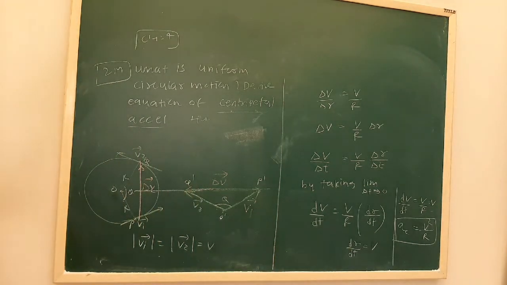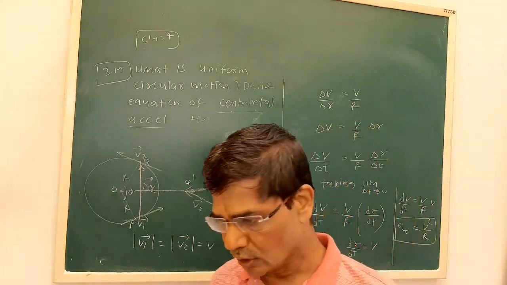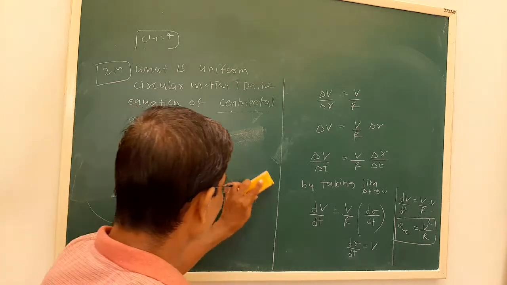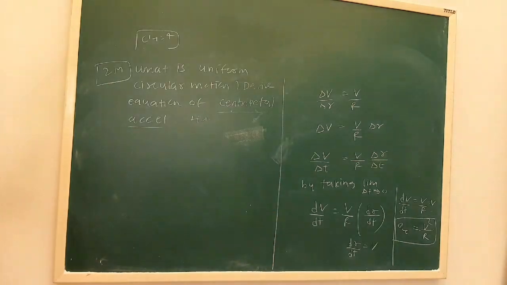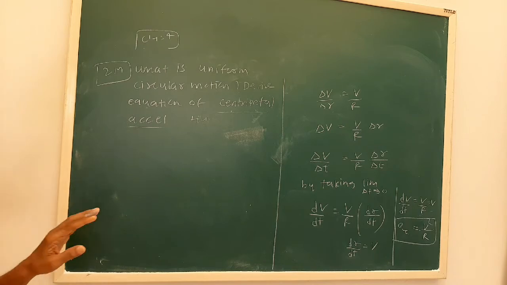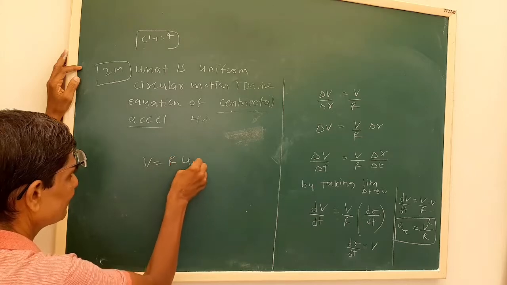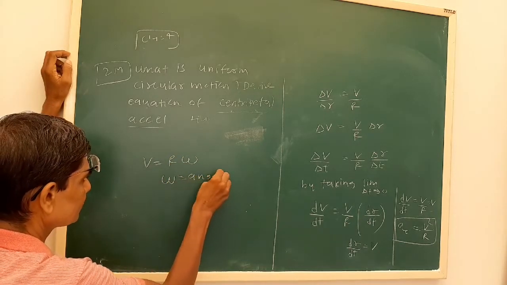Now later on we'll study rotational motion also, in lesson number 7. There are some useful relations which we will use at that time. Right now we just have an idea of that. In rotational motion we have V is equal to R omega, where omega is angular speed.